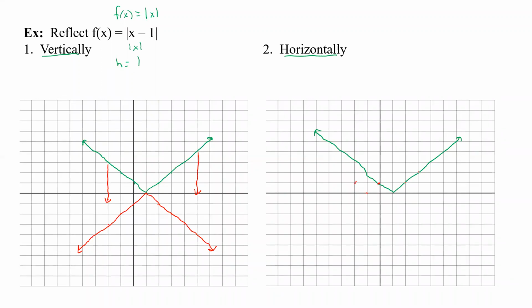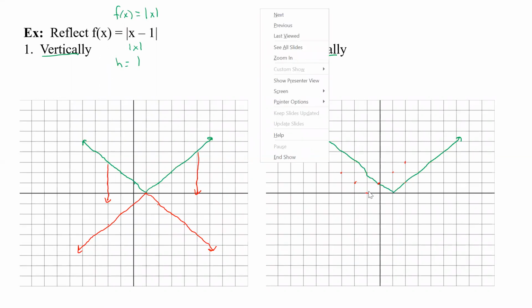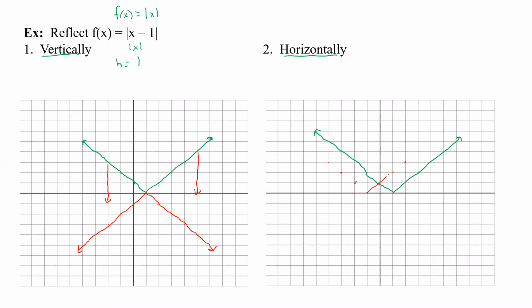And so now this one goes 1, 2, 3. This one goes over 1. Now this one goes over 1, 2. And this one goes over 1, 2, 3, 4. And so that's how we're going to have to look at it. And so now, when we've reflected it across the y-axis, we have this.